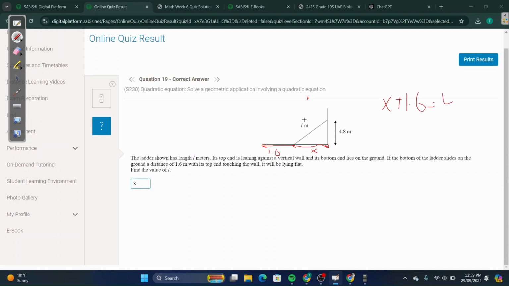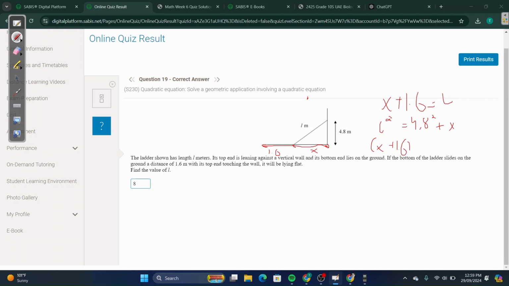Because if it's lying flat, L is equal to all of this. So now you can use the Pythagorean theorem. L squared equals 4.8 squared plus x squared. Now we know that L is equal to x plus 1.6.